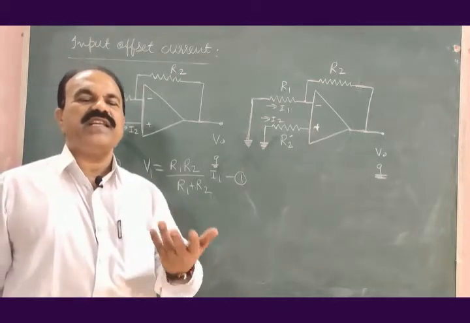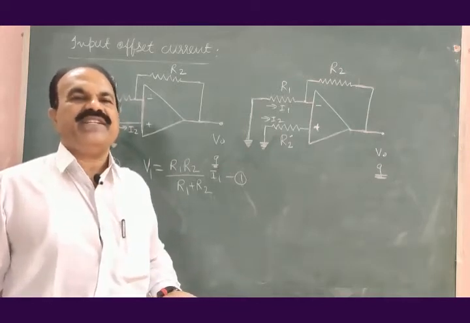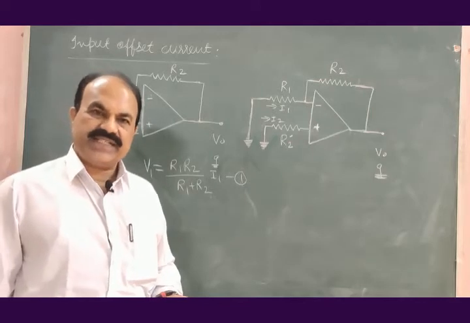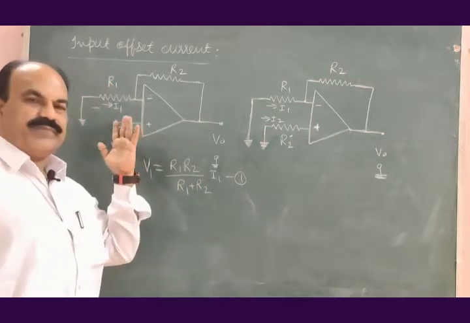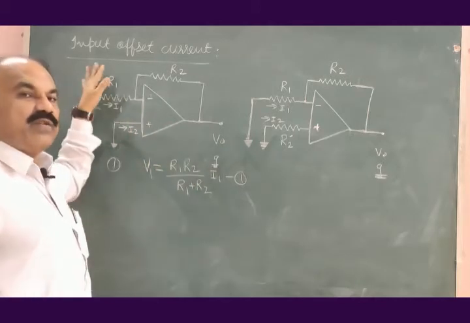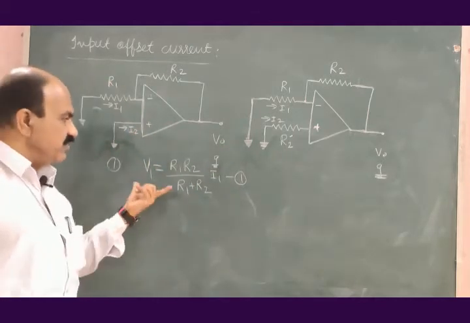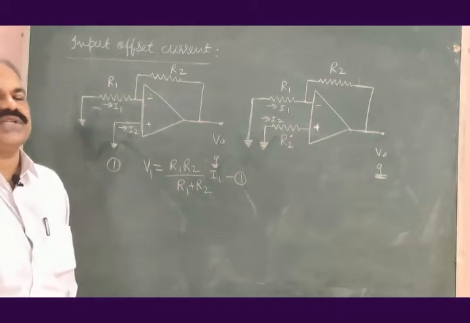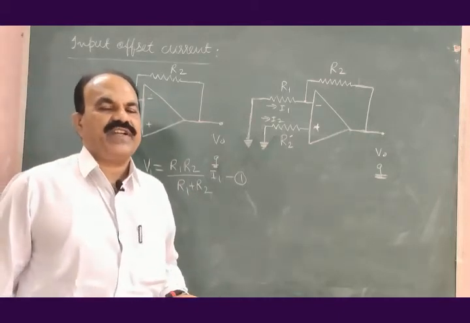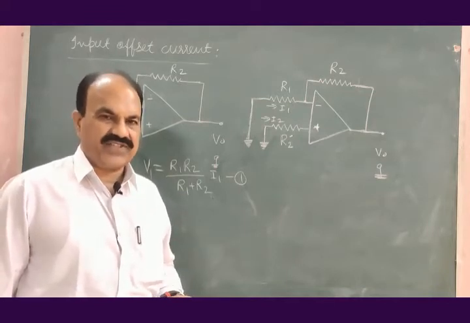Current differential cannot be eliminated. As current differential is not eliminated, it will develop a certain output voltage when both the inputs are 0. Because of this reason, we want to reduce this effect of current differential.